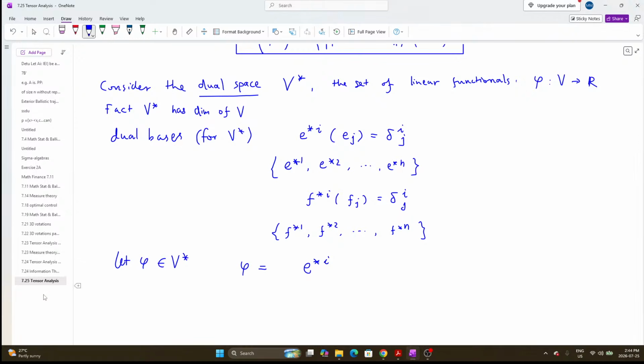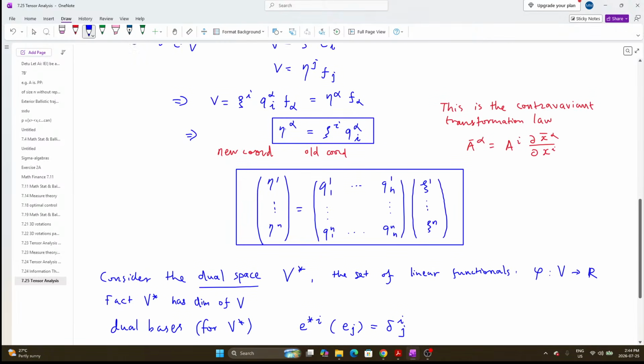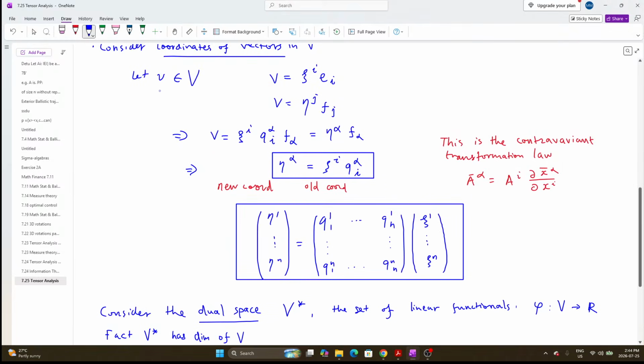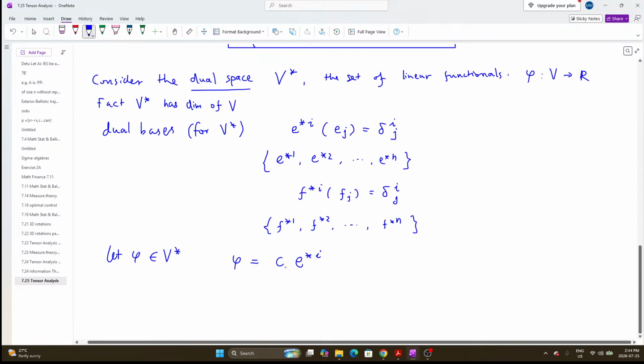What notation should I use? Let's just say c, because earlier we used Greek letters for the components of vectors in V. Here let's use Latin letters for the components of phi.